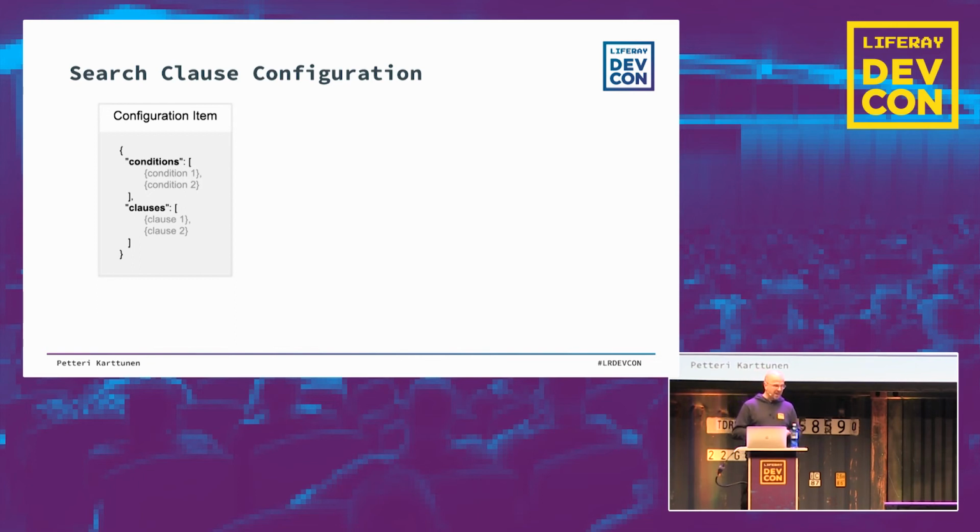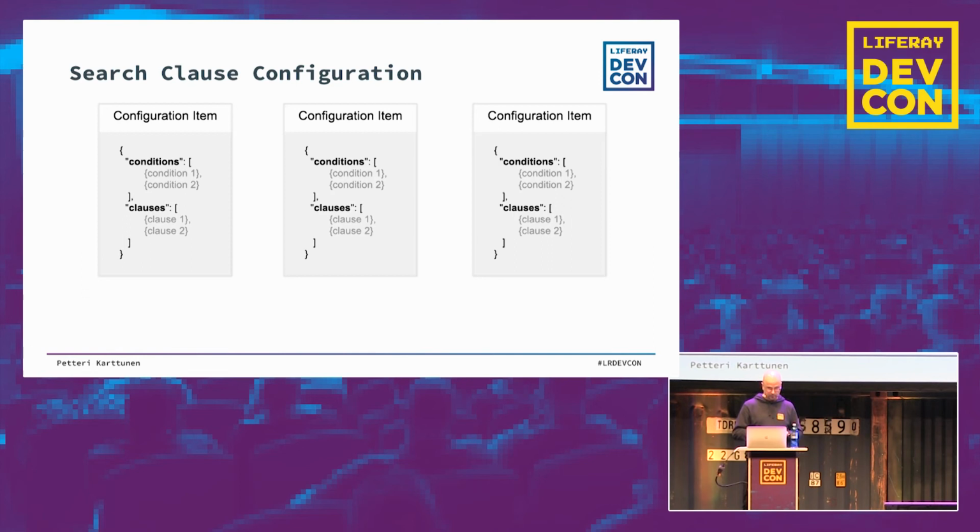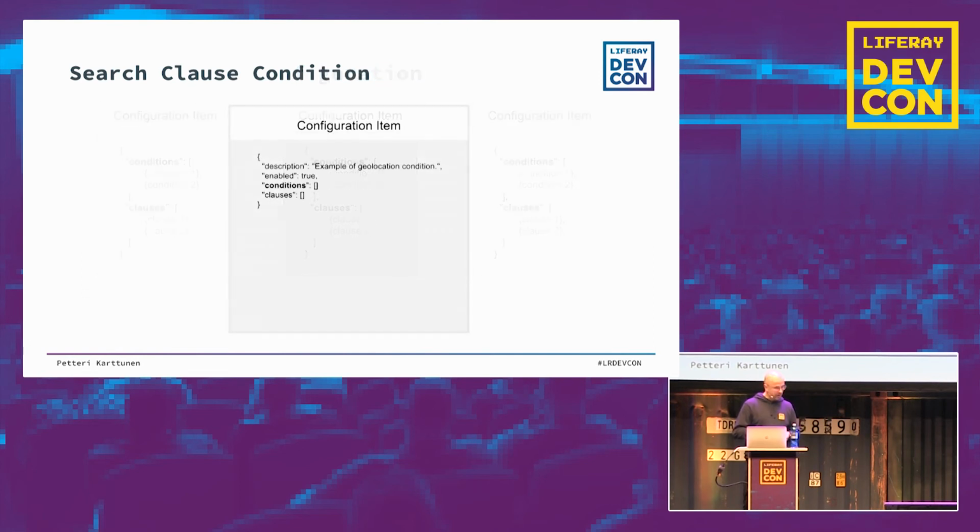If these conditions are passed, then the array of clauses is injected to the query. And there can be any number of these items. In this clause condition example, the user's location has to match Helsinki or London, in just a single condition.